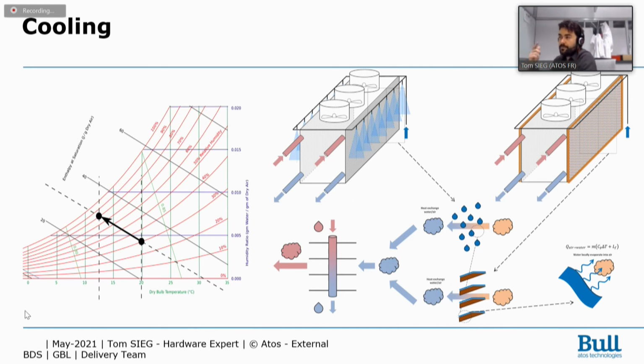We use metal parts because metal has a really high heat exchange coefficient, so it's more efficient. So that is a normal use.